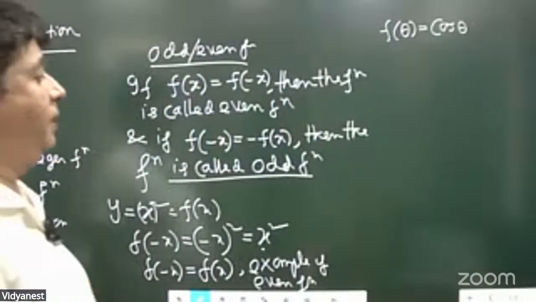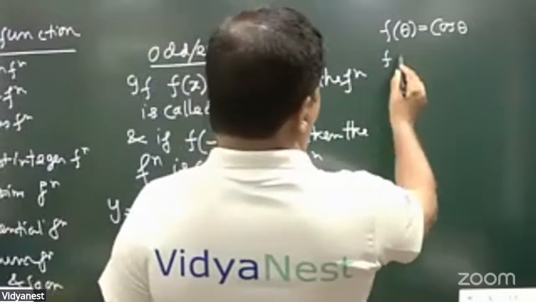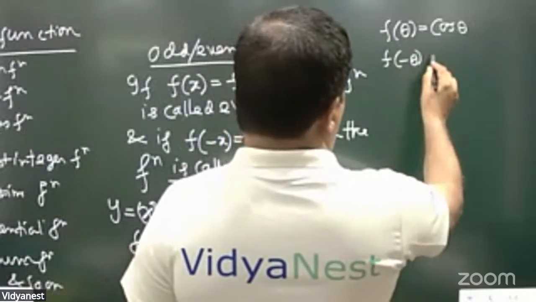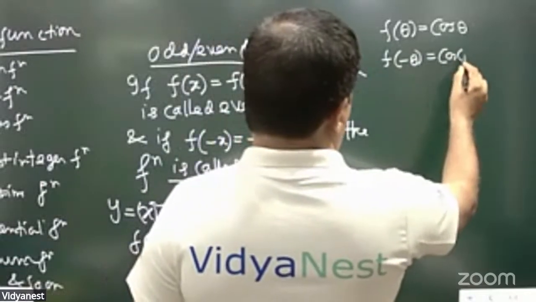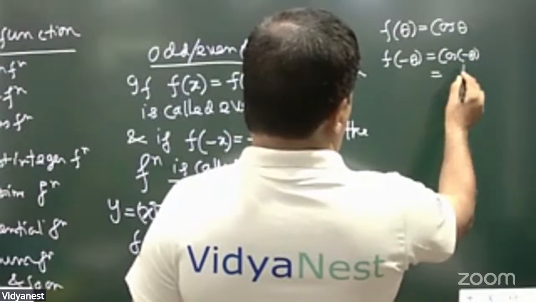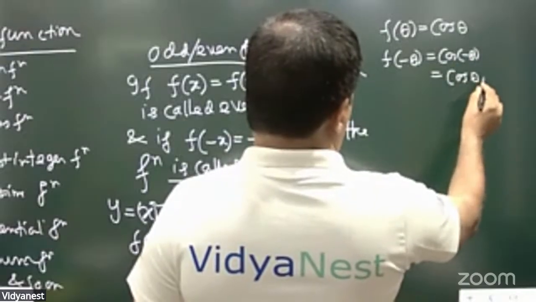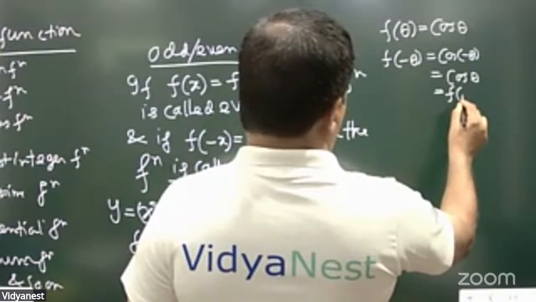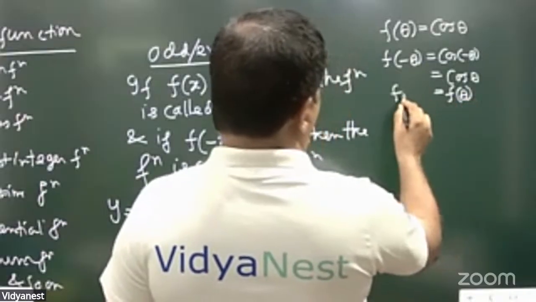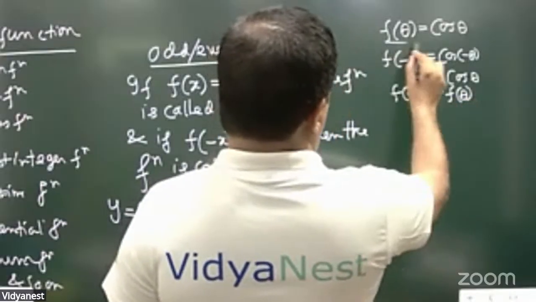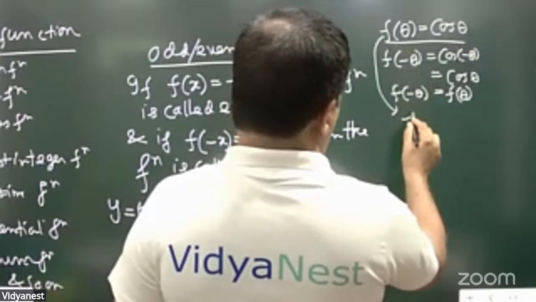So you replace theta by minus theta. Minus is absorbed. So it is a trigonometrical example of an even function.